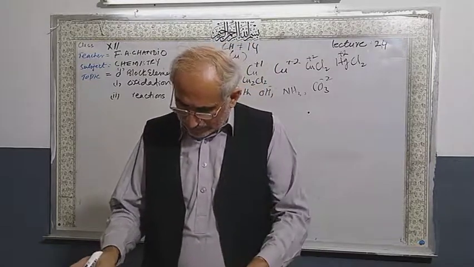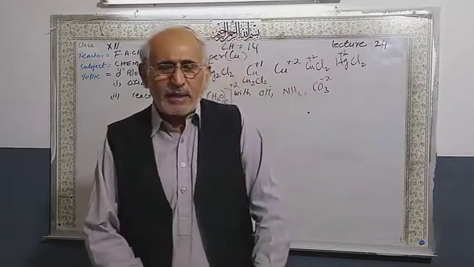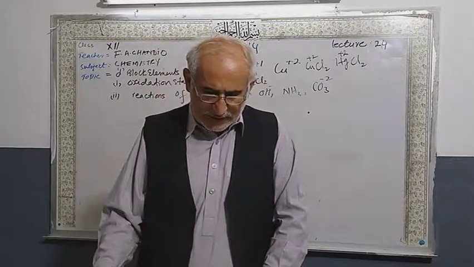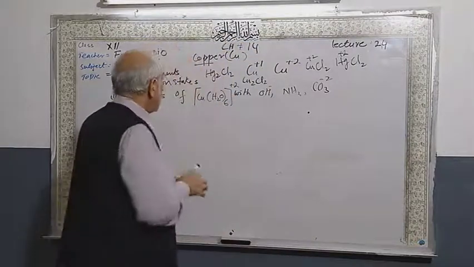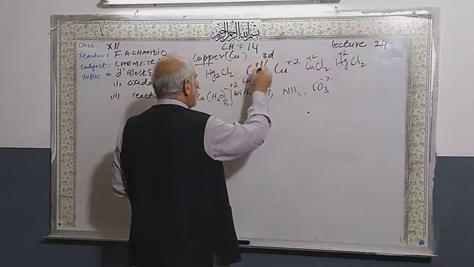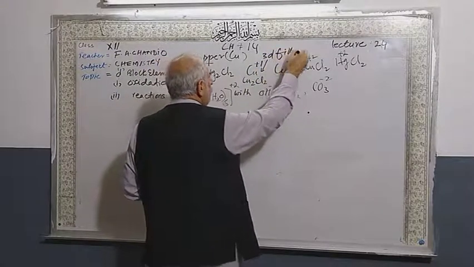The cuprous compounds are usually colorless and diamagnetic. They are not attracted towards a magnetic field, as the 3d orbital of copper 1 is completely filled.